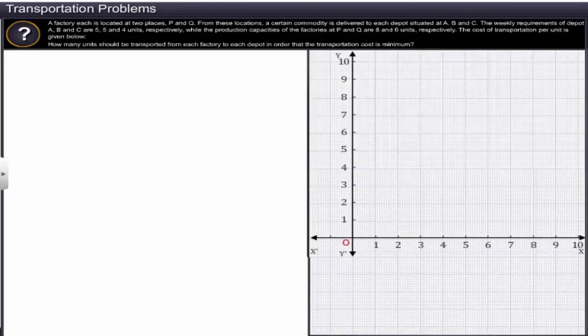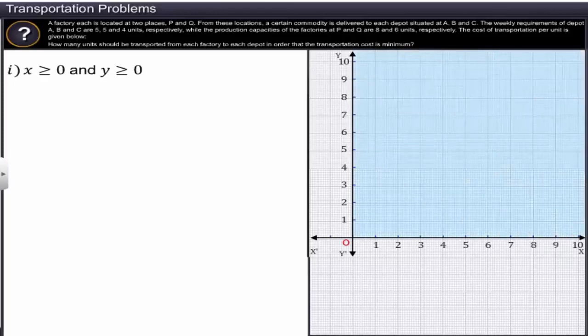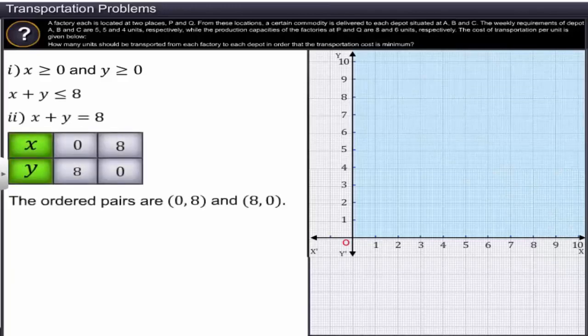Let us draw the graphs of the inequalities, treating them as equalities. Obviously, X greater than or equal to 0 and Y greater than or equal to 0 have the solution in the first quadrant. Draw the graph of x plus y is equal to 8 as the reference to get the solution of the given inequality.